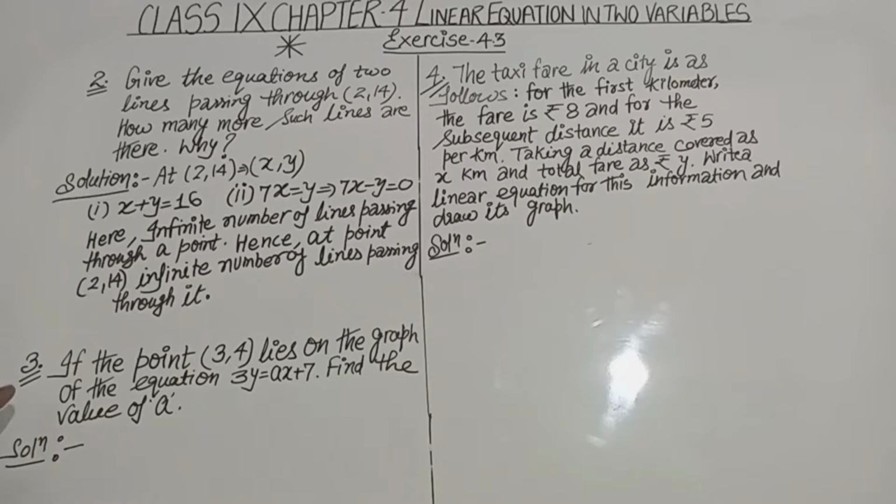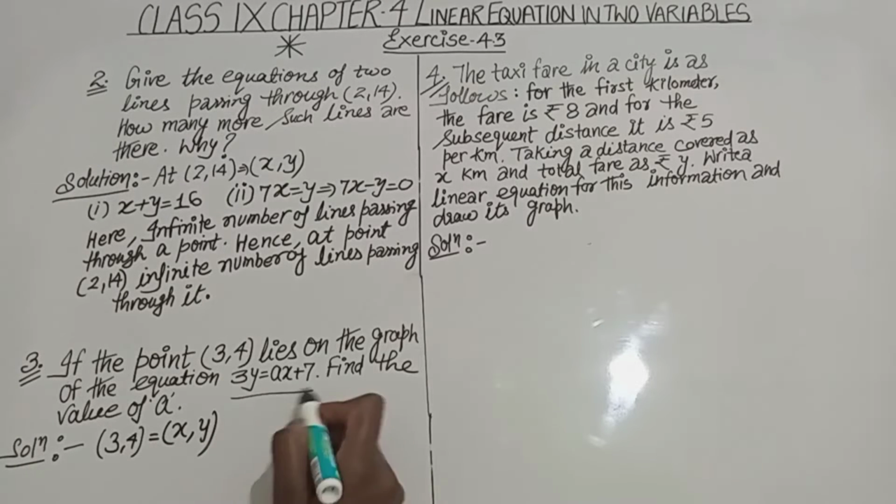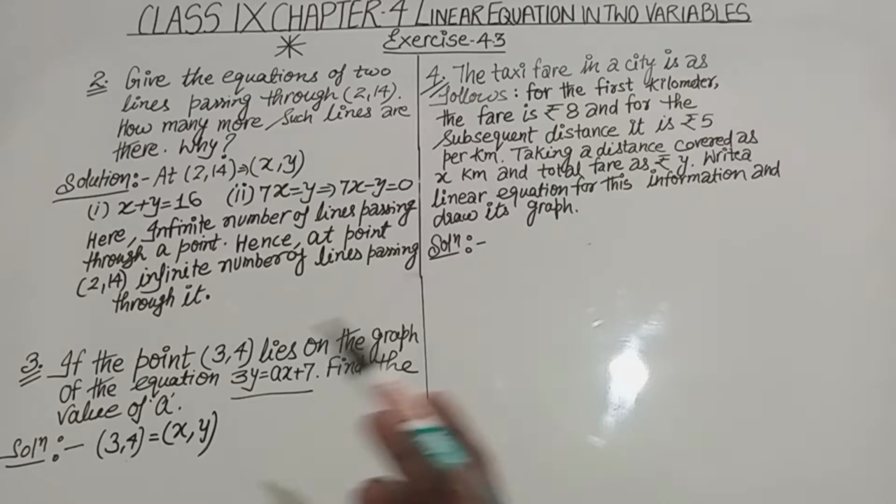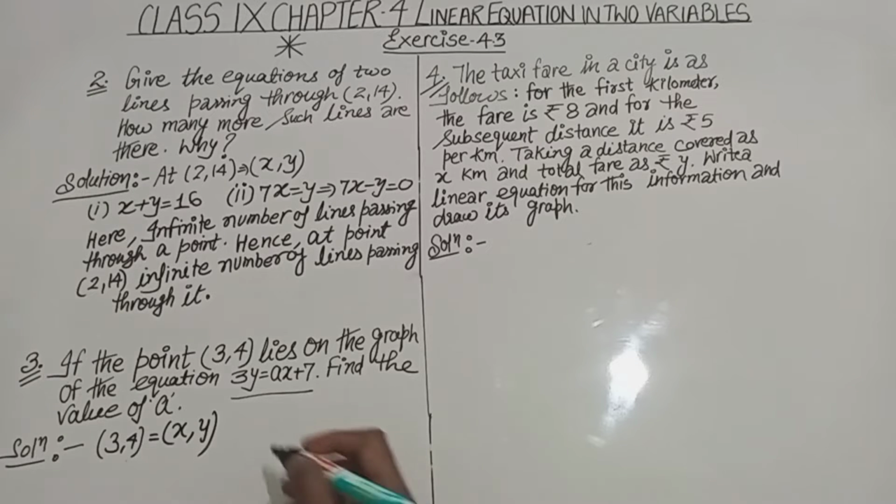Now let us do question number 3. If the point (3, 4), so here x is 3 and y is 4, lies on the graph of the equation 3y is equal to ax plus 7, it means (3, 4) satisfies this equation because it lies on it. So when we put y as 4 and x as 3, we will get the value of a.